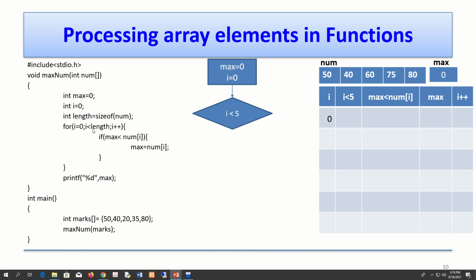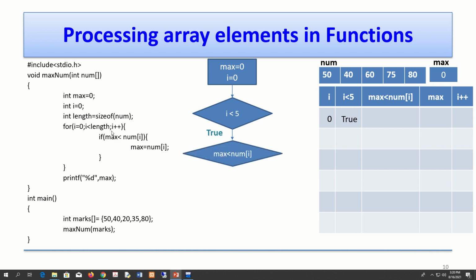Then within this loop, i equals 0 and the length is 5. We check whether i is less than 5. That is true, and therefore we go inside the for loop, where there is the if selection.